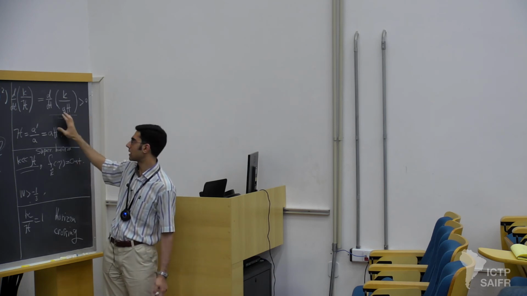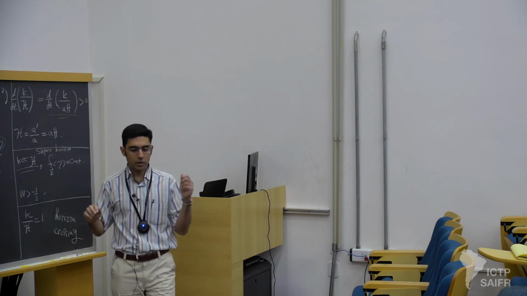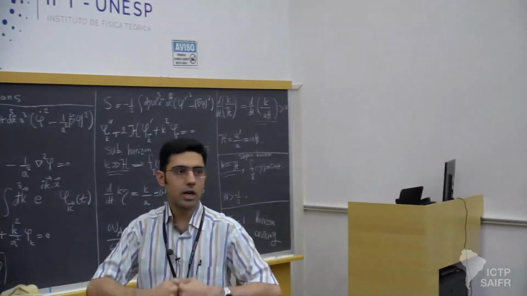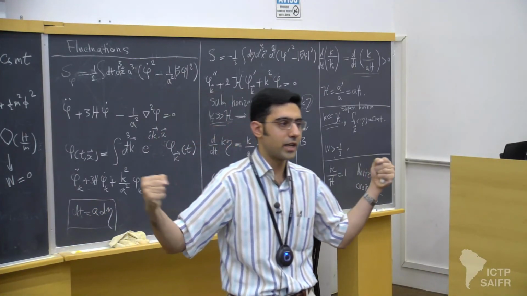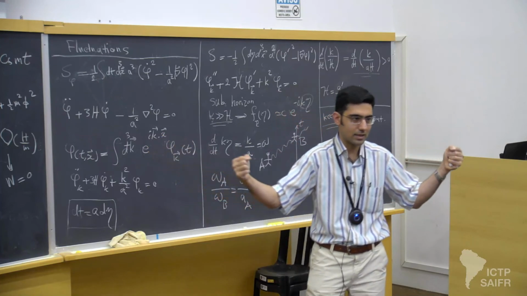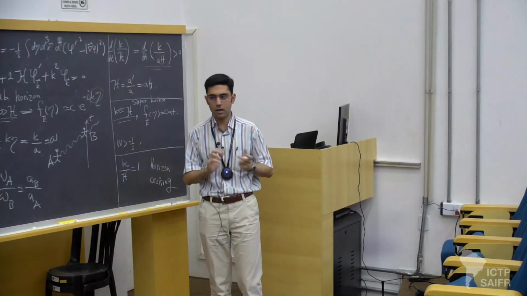The accelerated expansion means that this time derivative is negative. And what that implies is that modes which are sub-horizon are becoming super-horizon. Normally, we say that they get stretched to super-horizon scales. So they start inside and then move outside. So it's exactly the opposite.